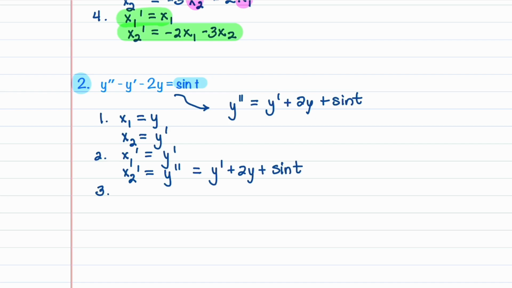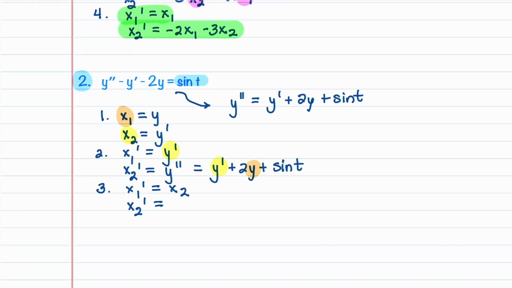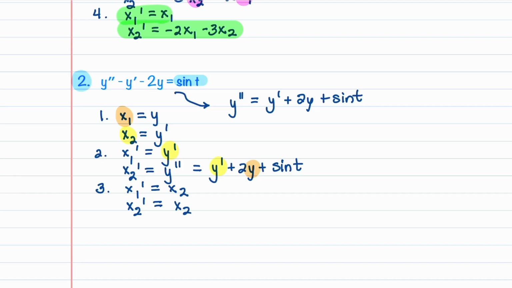In step 3, we are going to rewrite these 2 equations in terms of x1 and x2. The y primes are going to be x2, and then y is going to be replaced by x1. This gives us x1 prime is equal to y prime, which is now x2, and then x2 prime is equal to y prime, which is now x2, plus 2 times y, which is x1, and then our sine t comes along for the ride.